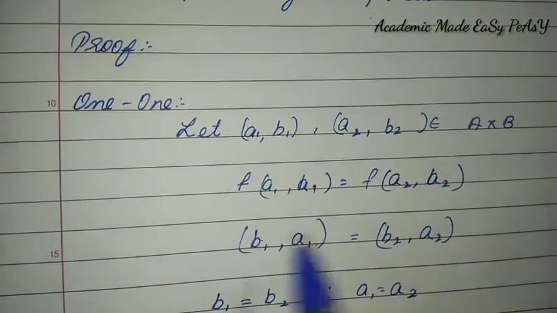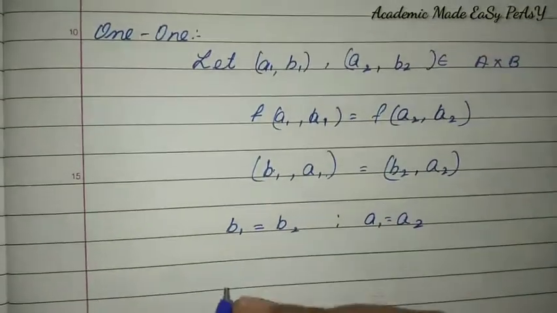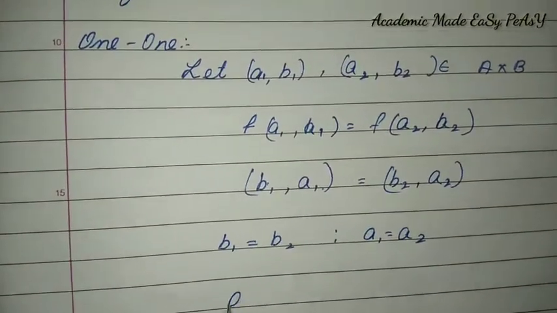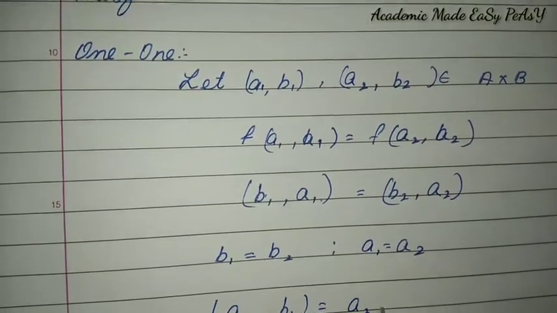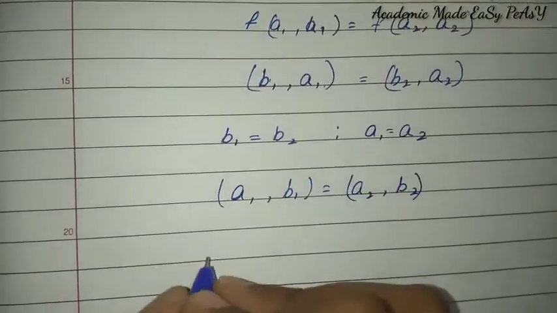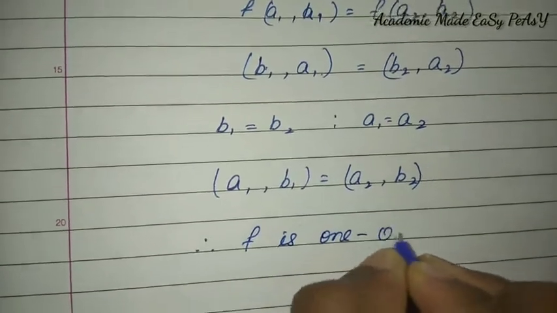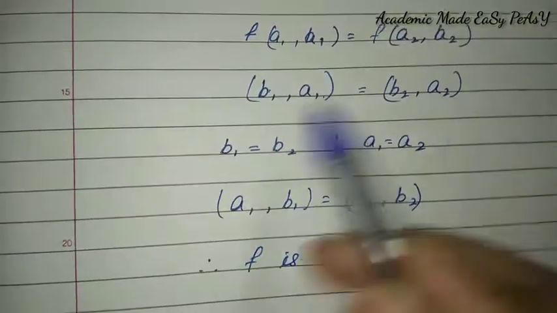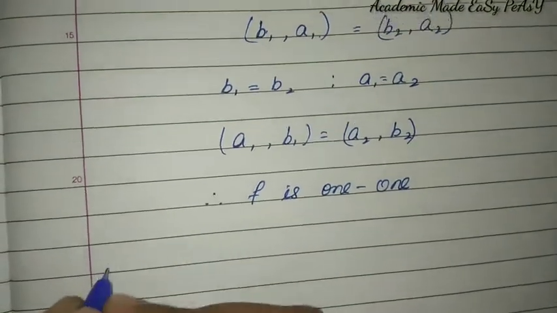I'm saying if B1 and B2 are equal and A1 and A2 are equal, then (A1, B1) is equal to (A2, B2). So that's what I'm writing. Therefore f is one-to-one. Next, onto.